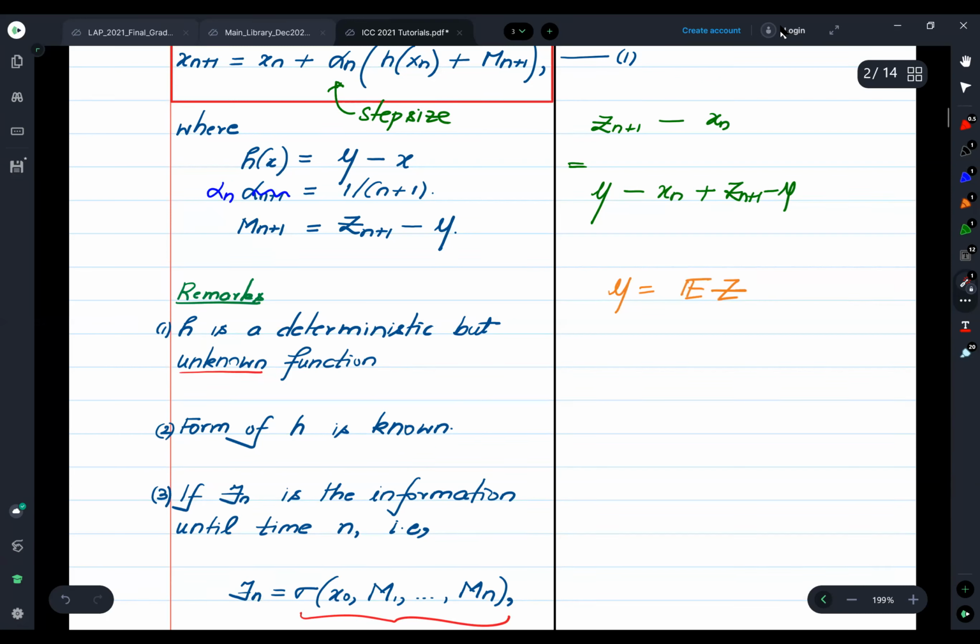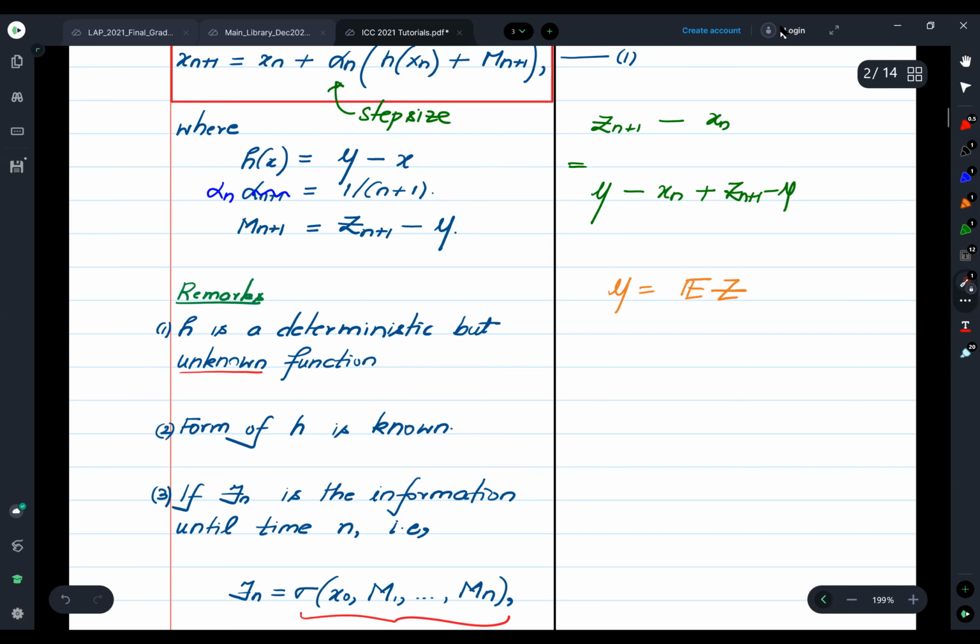Let me reiterate what I said. The function h over here is deterministic. However, since we don't know mu, h is an unknown function. By unknown, I mean that if I give you a value of x, you won't be able to tell me the value of h of x, the reason being we don't know mu. However, observe that the form of h is known.